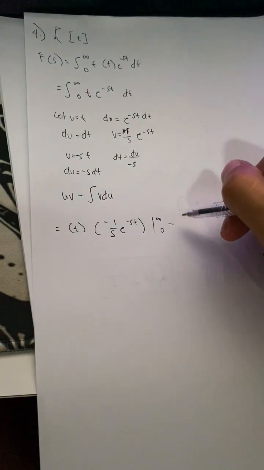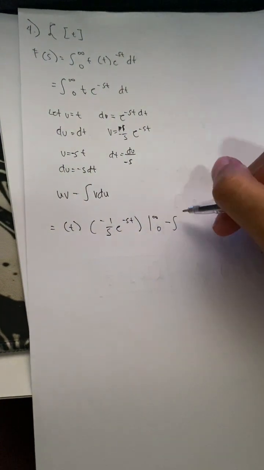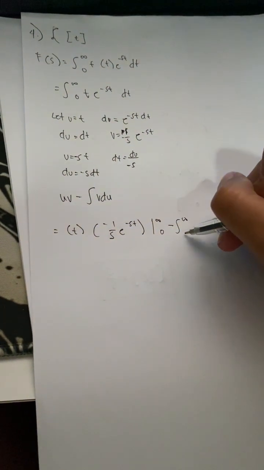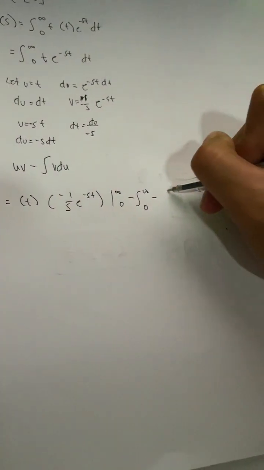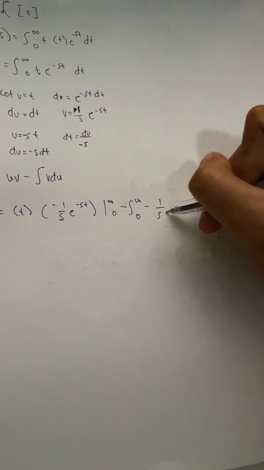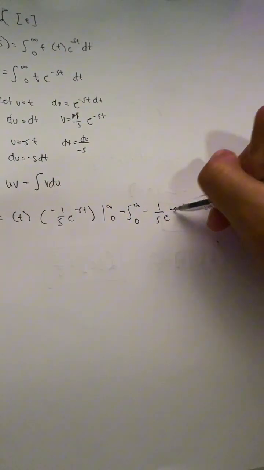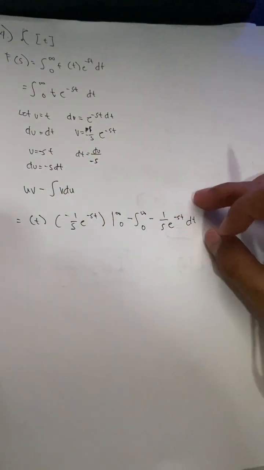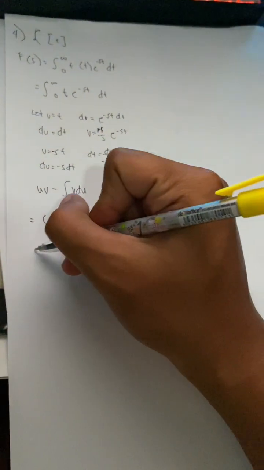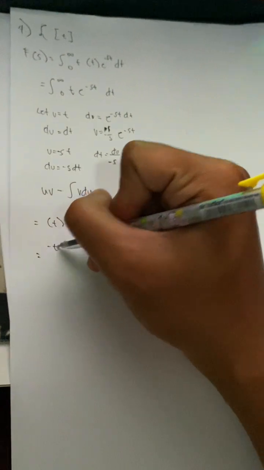Because it is a definite integral, we need to evaluate it, minus the integral from 0 to infinity of v du, where v is negative 1 over s e raised to negative st.